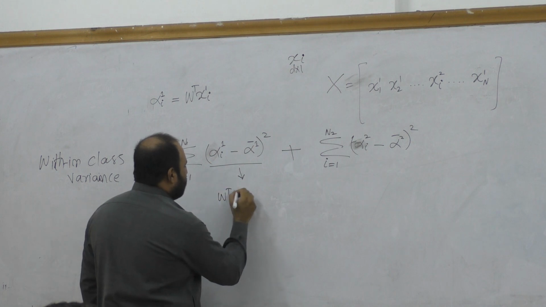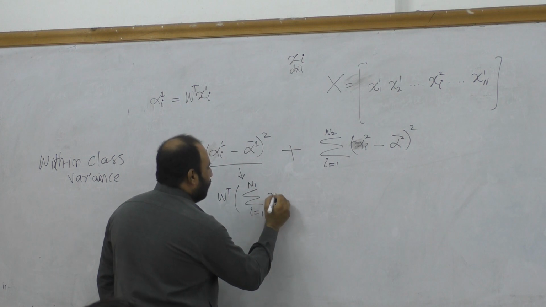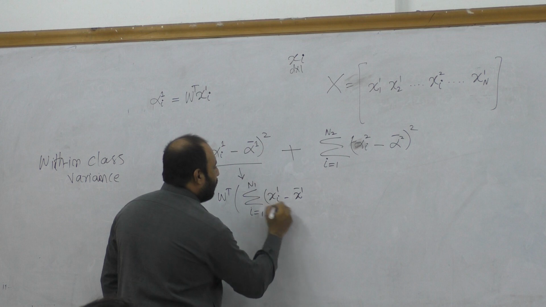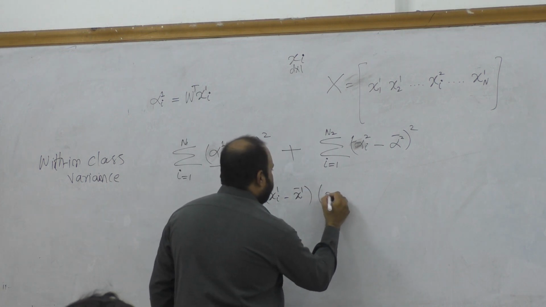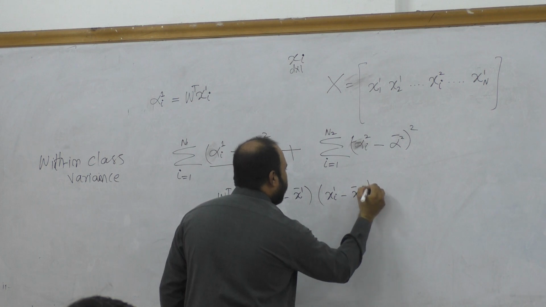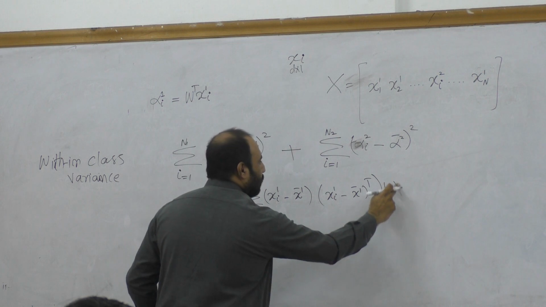W transpose summation i is from 1 to n1, xi1 minus x1 bar, times xi1 minus x1 bar transpose, times w.